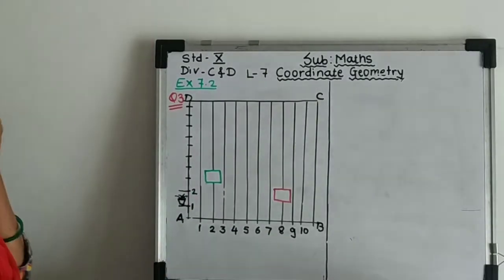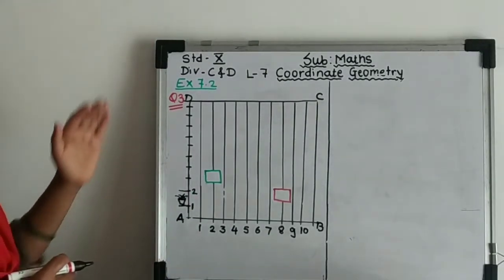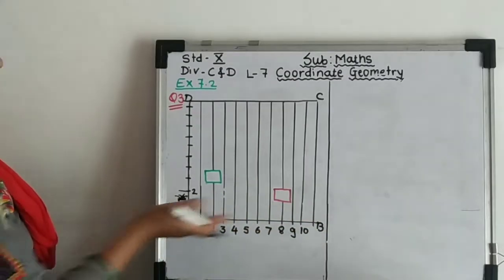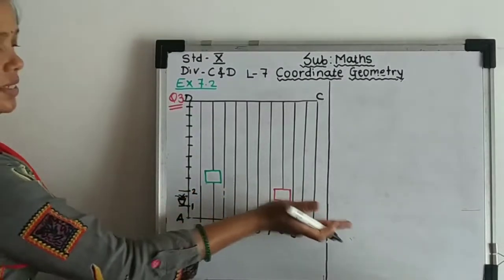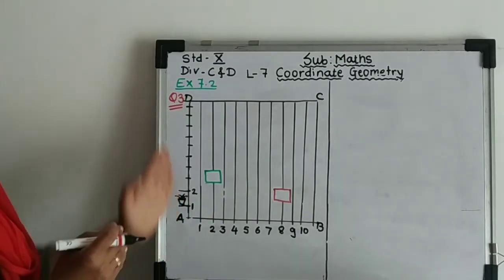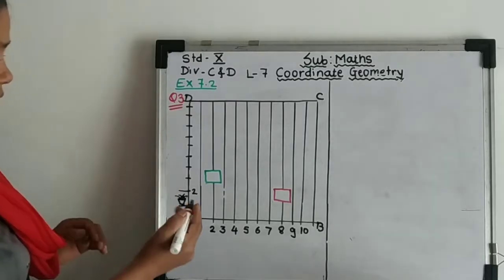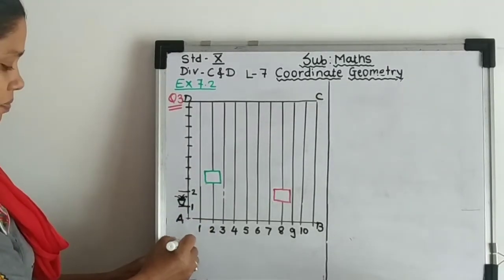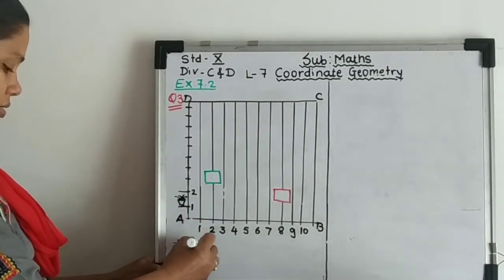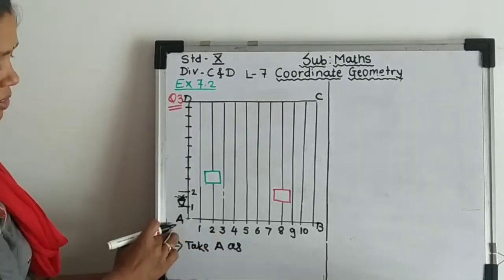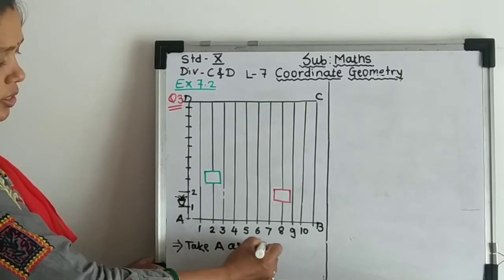So let us see. Here what we are going to do is, along AB we will consider it as the x-axis and along AD we will consider it as the y-axis. So we will write here: first, take A as origin, right?